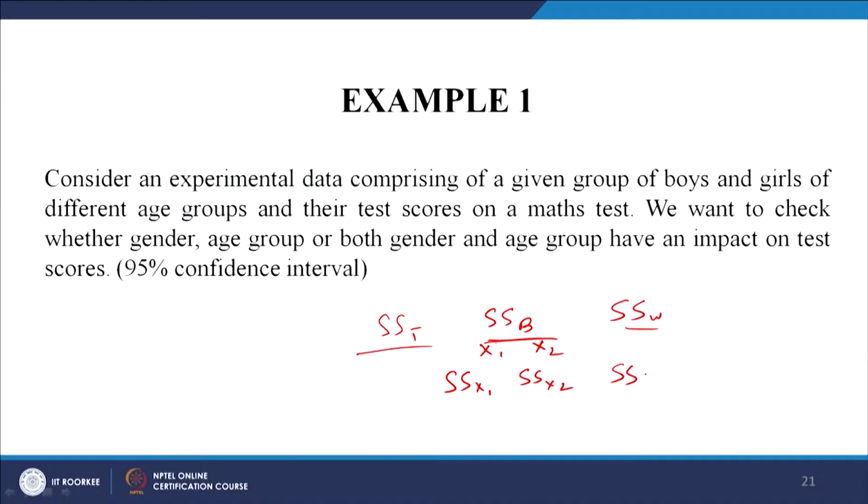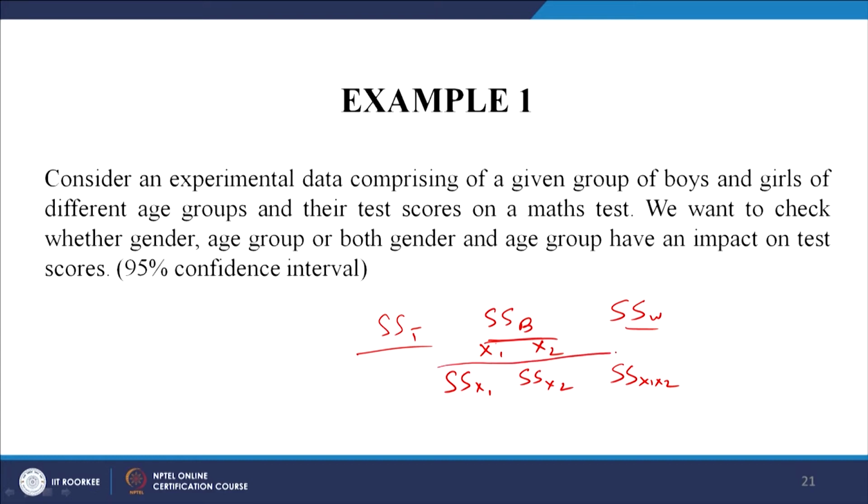No, first logically think whether these 2 factors have any possible effect on each other, or if they are not connected at all, then there is no point in including an interaction effect. But generally we see in real life, in marketing research and other psychological studies, that there is an interaction effect. So, in that case we find out the sum of square of x1 and x2 together, right.